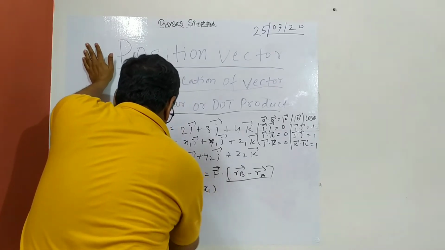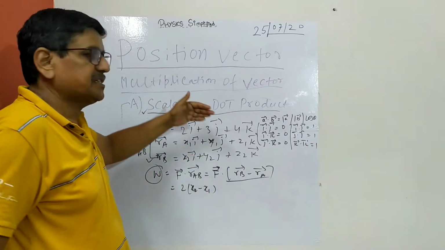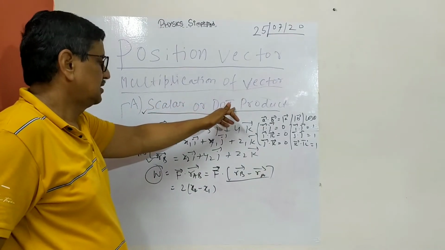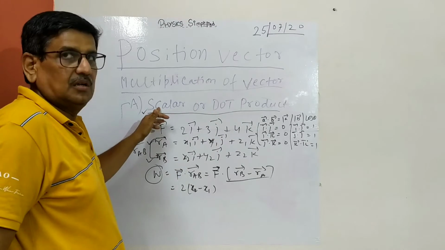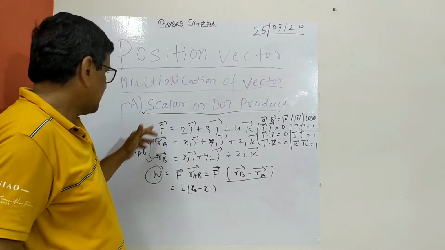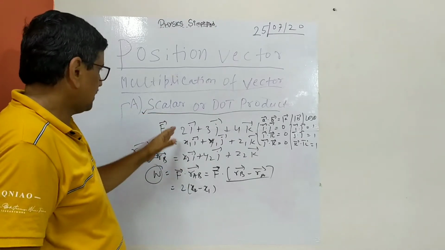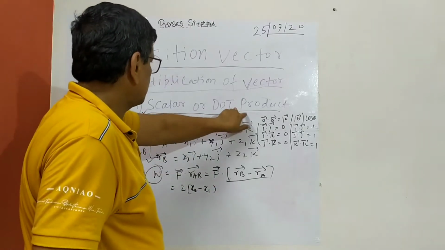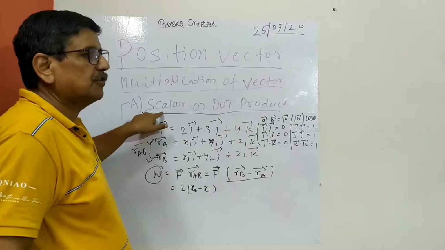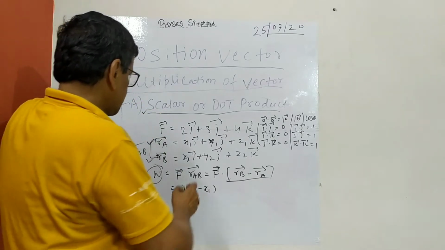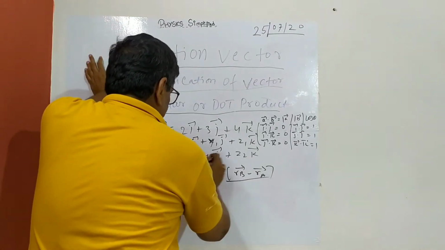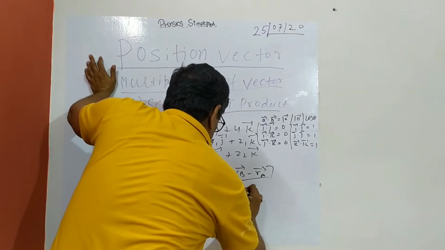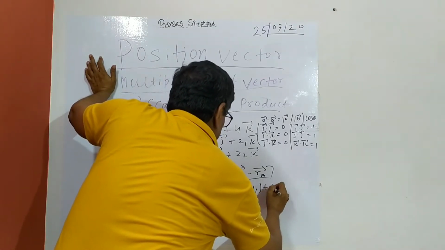This is a scalar. Again, the property I have missed: this dot product gives a scalar quantity. Work is a scalar, we know, but it is the product of force and displacement. So when the dot product of two vectors gives a scalar, it is called the scalar product. I had missed that. So this is 2 times x2 minus x1 plus 3 times y2 minus y1 plus 4 times z2 minus z1.